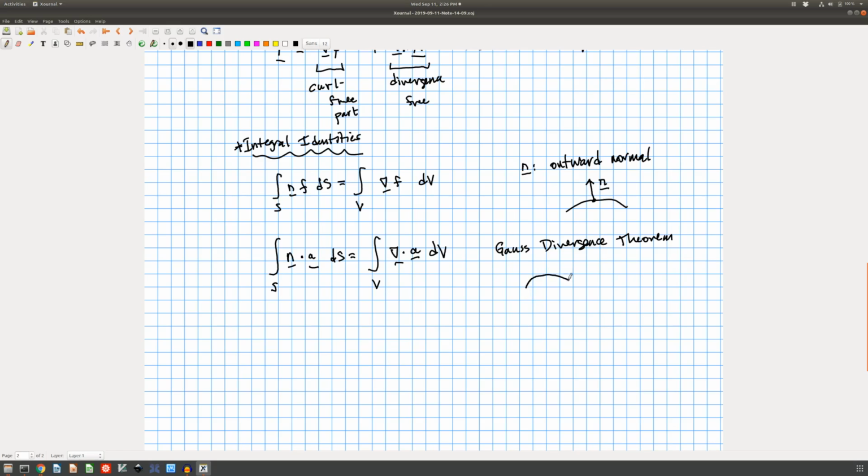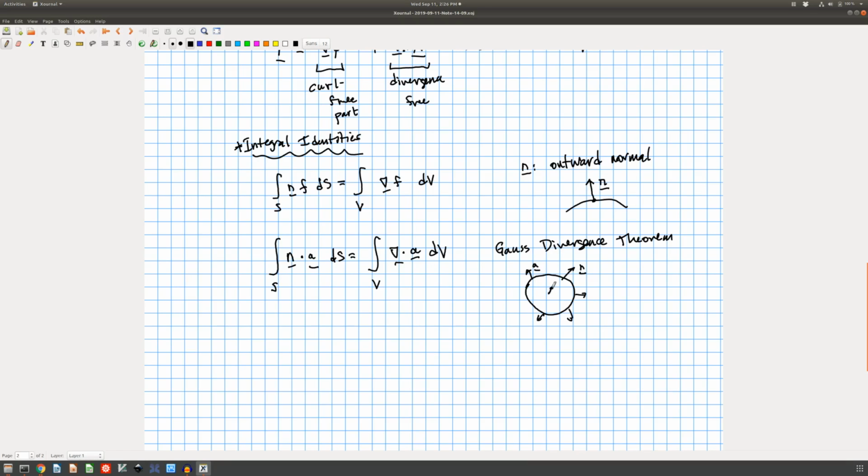The Gauss divergence theorem basically says if I've got some surface with my outward normal here, and I add up all of the a coming out of that surface, n dot a, so I find out how much is coming out, and I add up all of its surface, that has to equal the volume integral of the divergence of a.